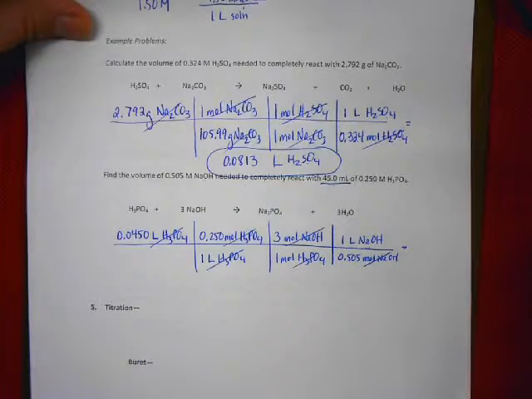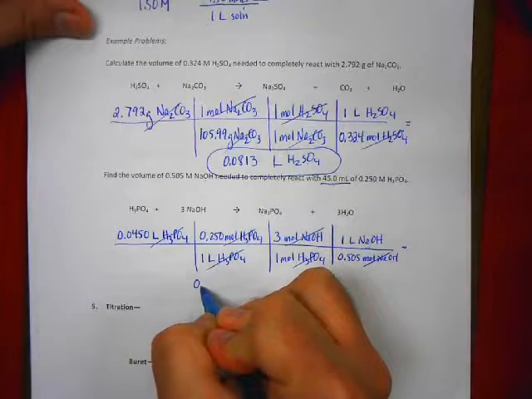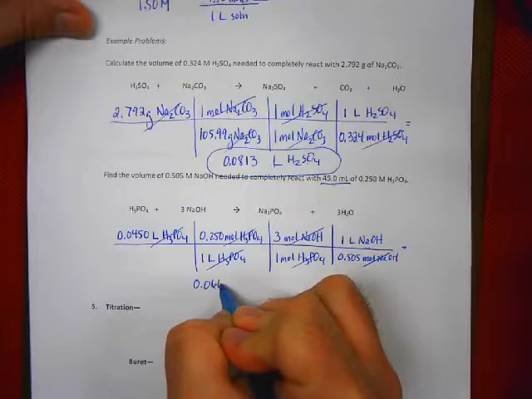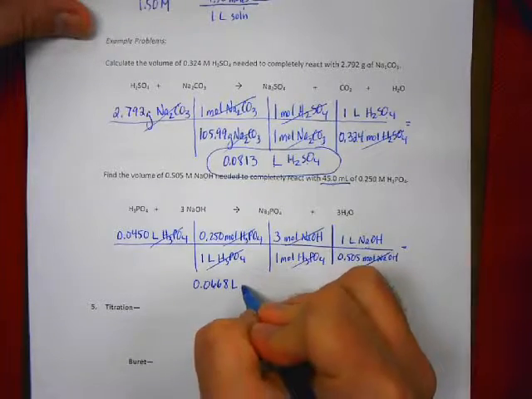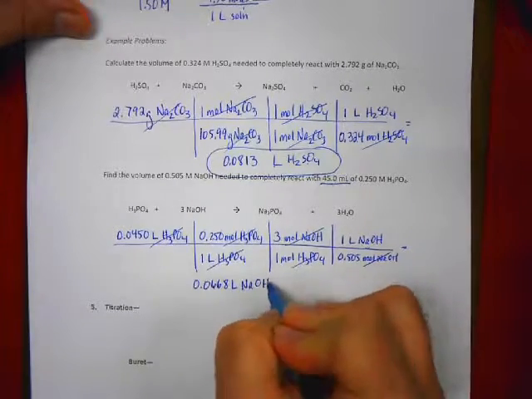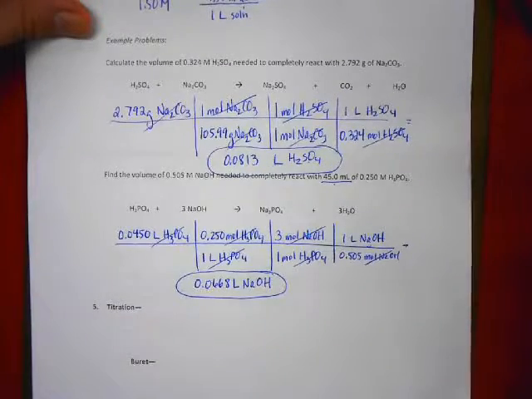So go ahead and pause this video, calculate this, make sure your answer is to the correct number of significant figures with proper units and label. When you do the math, you should end up with 3 significant figures in your answer, so 0.0668 liters of NaOH. That is our final answer.